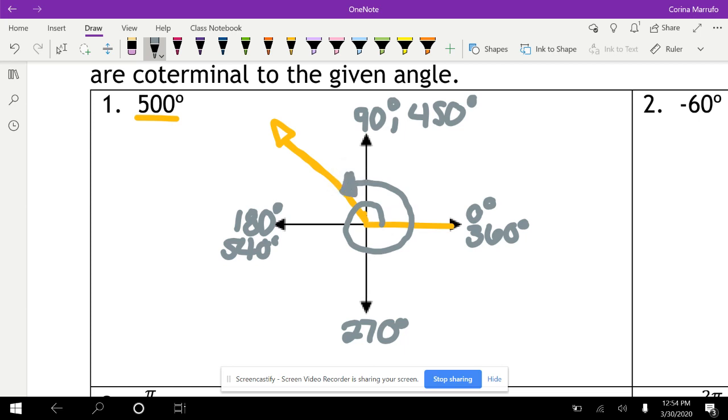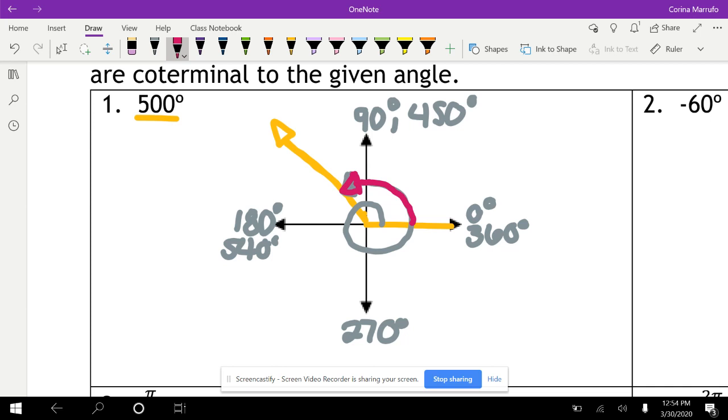All right, so we have some coterminal angles. The way that we find it is if we were not going to go all the way around once, we took away that one full rotation and we just went straight from here to here, that would be considered a coterminal angle. So the way that we find that number is we have to take away one full rotation.